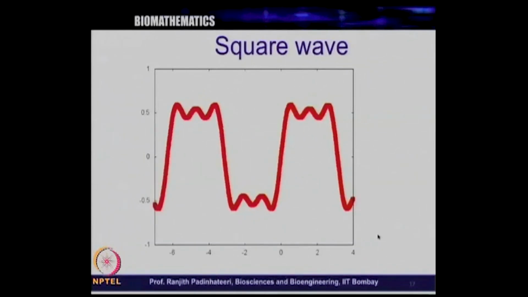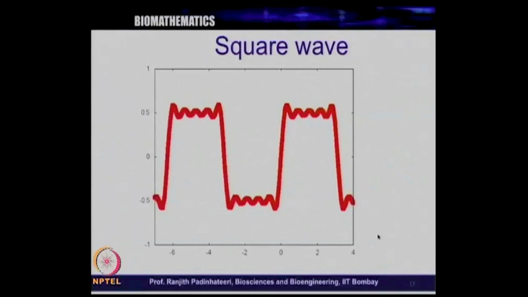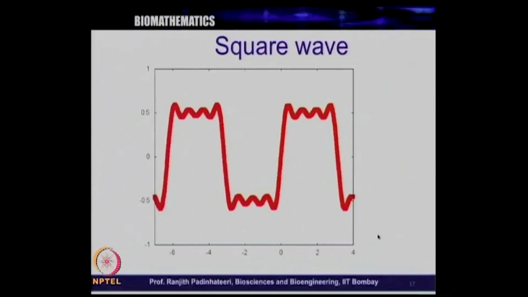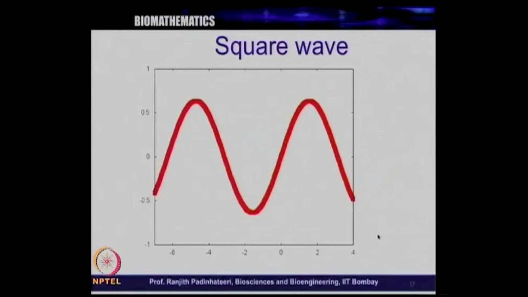Okay, so we saw the sawtooth wave and square wave, how do we generate them? Any function you can generate in this particular manner.